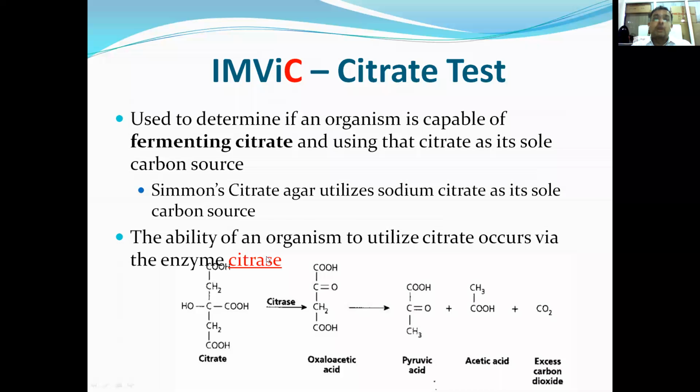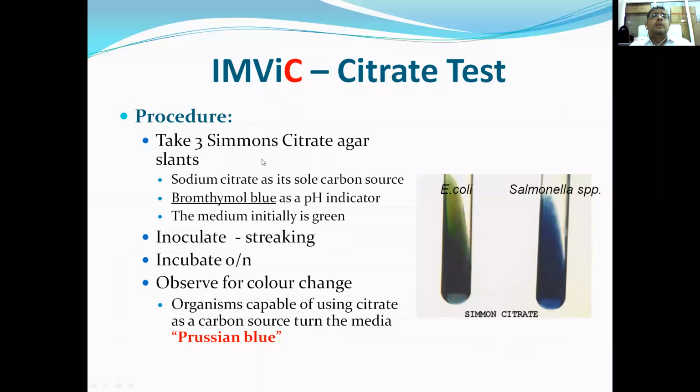Okay. So now what happens? We take a tube of citrate agar slant. As I said earlier, the citrate agar slant contains citrate as the sole carbon source. Here the pH indicator is bromothymol blue. Bromothymol blue is the pH indicator present in Simmons citrate agar, and when you prepare the media, it is normally green in color.